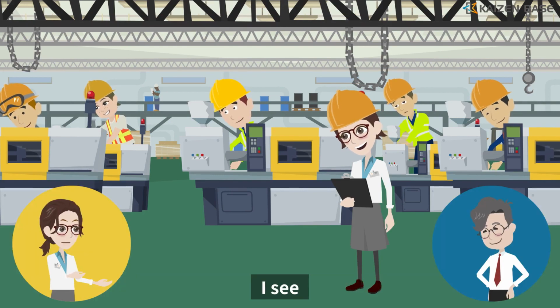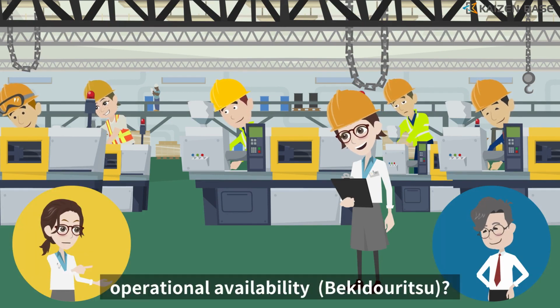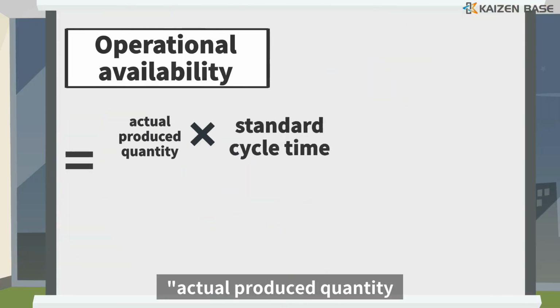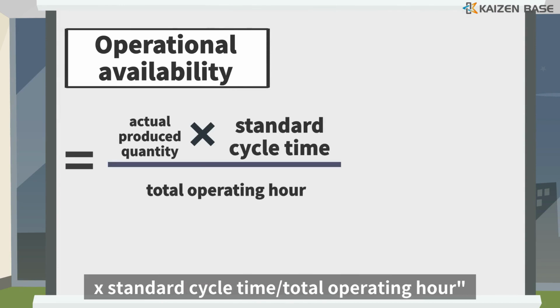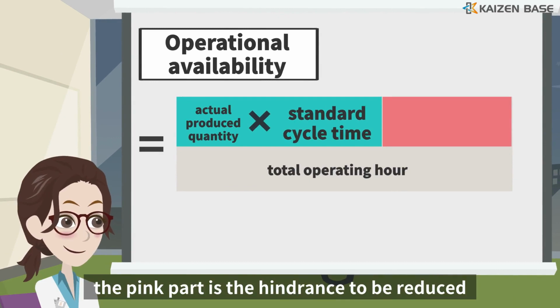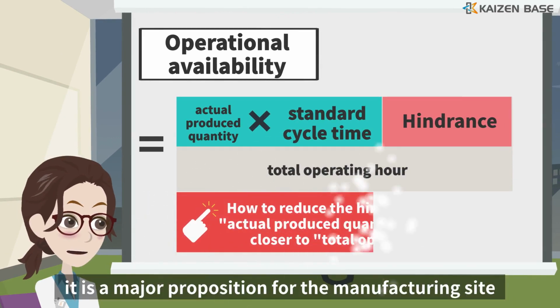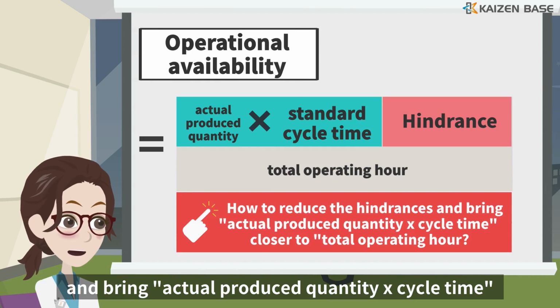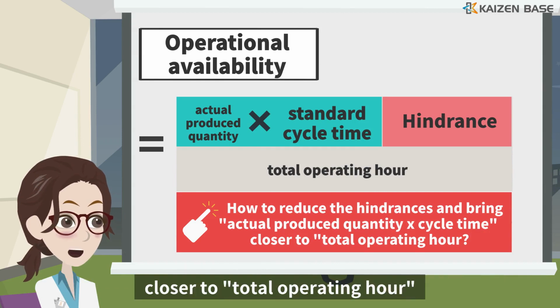I see. What is the formula for the operational availability, Kadow Ritsu? The formula for the operational availability is actual produced quantity x standard cycle time / total operating hour. To be represented in the diagram, the pink part is the hindrance to be reduced. That is to say, it is a major proposition for the manufacturing site to figure out how to reduce the hindrances and bring actual produced quantity x cycle time closer to total operating hour.